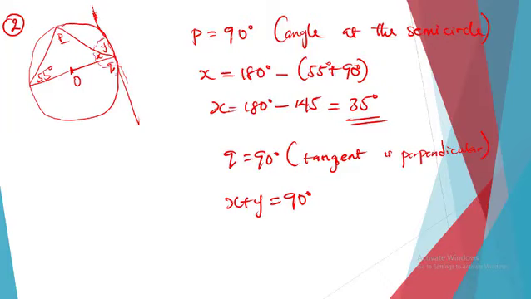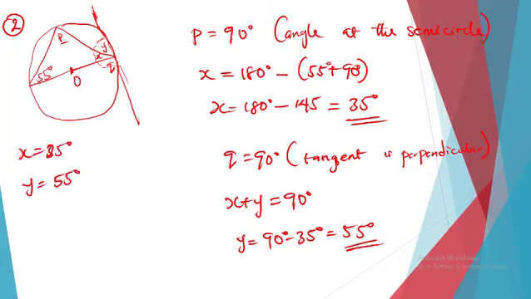X plus Y plus Q will give us 180, and remember, Q already is 90, so X plus Y is equal to 90. Now we've gotten the value of X before to be 35, so Y will be equal to 90 minus 35, which is 55 degrees. So our X is 35, our Y is 55, our P is 90, and our Q is 90 degrees.